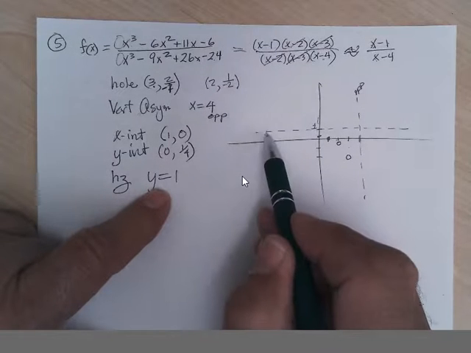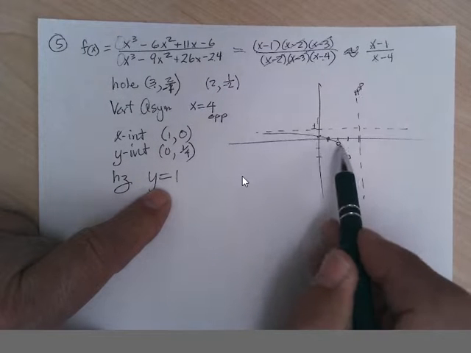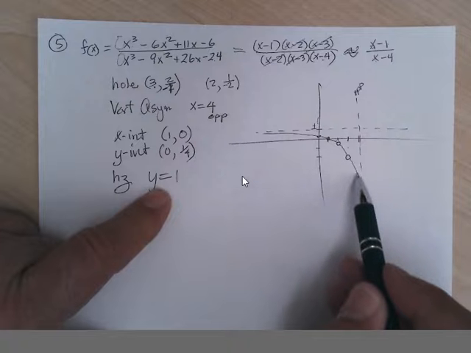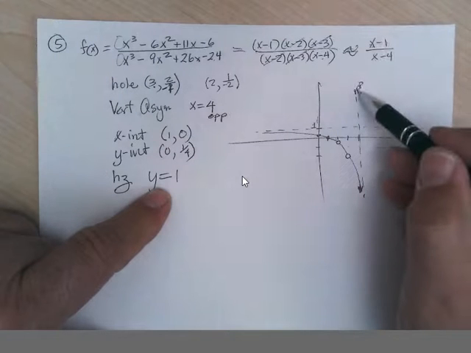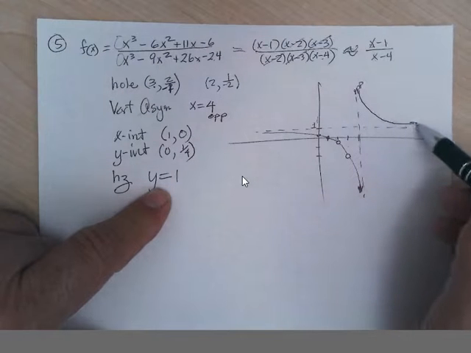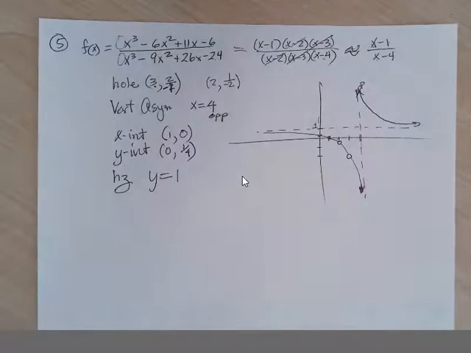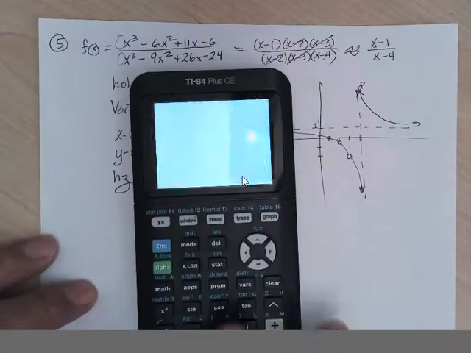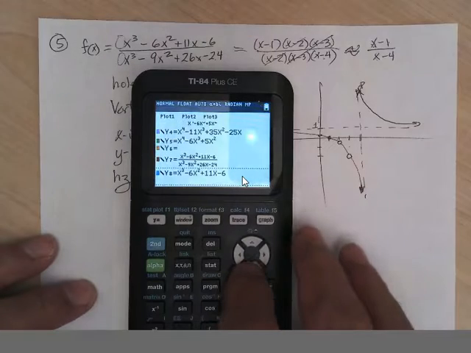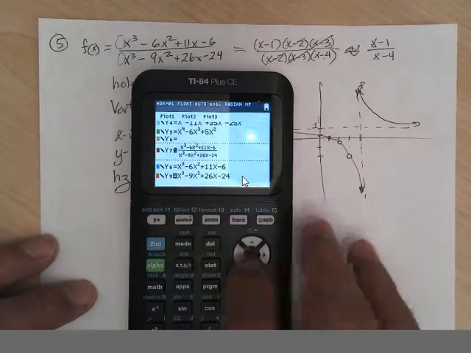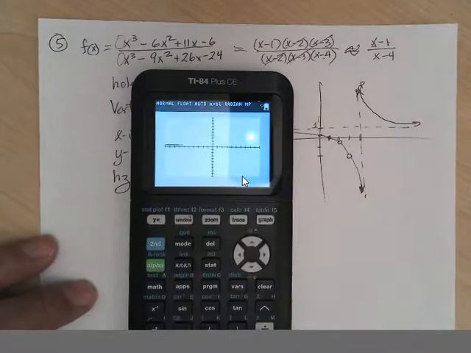So it looks like it goes, hits there, has a hole there, has a hole there, and continues down. And since it goes opposite, it must be up here and go this way. Let's check. And so y equals, come down and turn this one on and this one off, and graph.